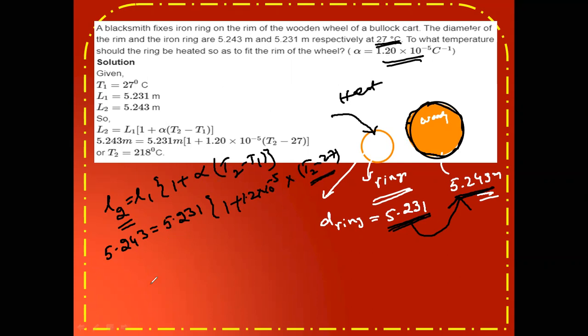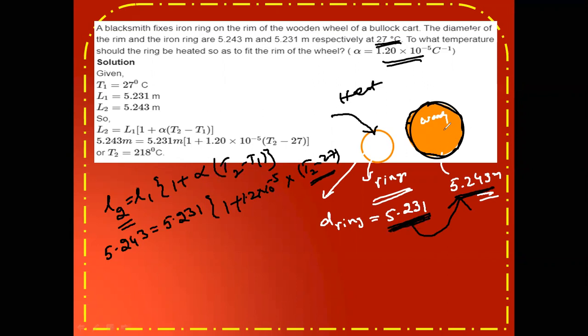So this is the wooden cart, and the iron ring is fixed to the wooden cart. For this type of problem, you have to raise the temperature of the ring so that its diameter is just greater than the diameter of the wooden cart.